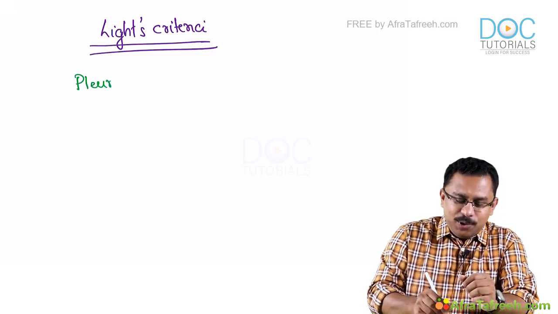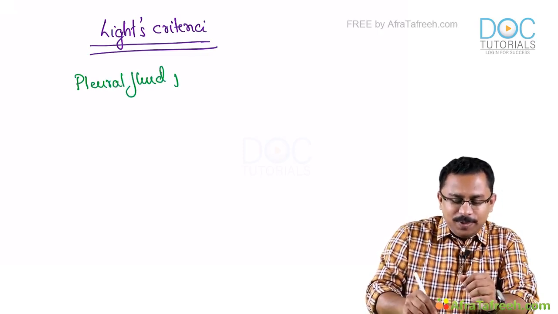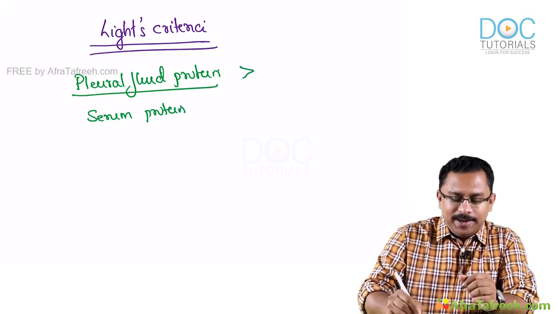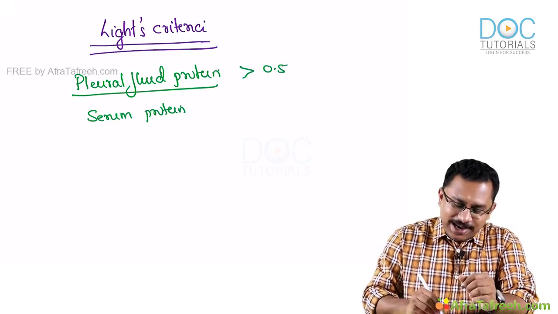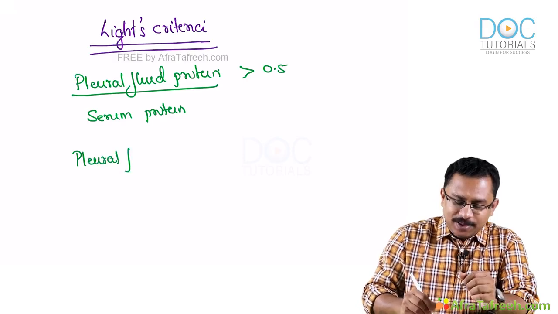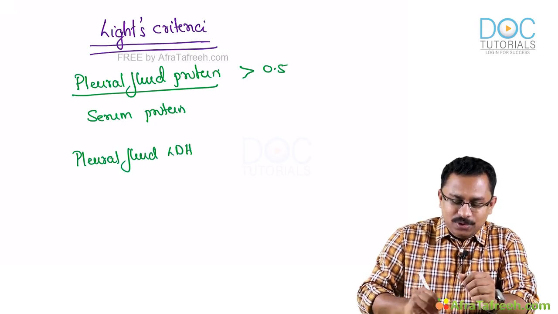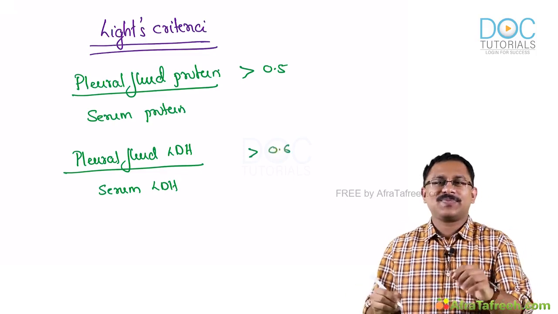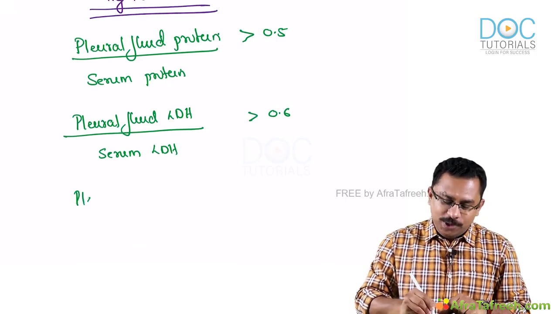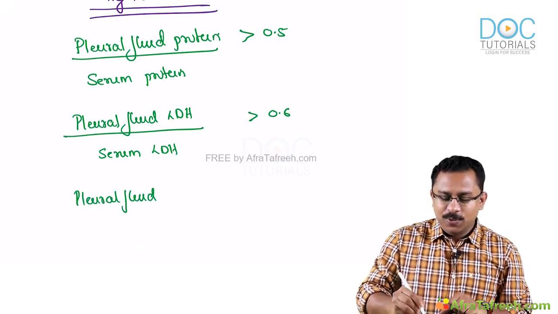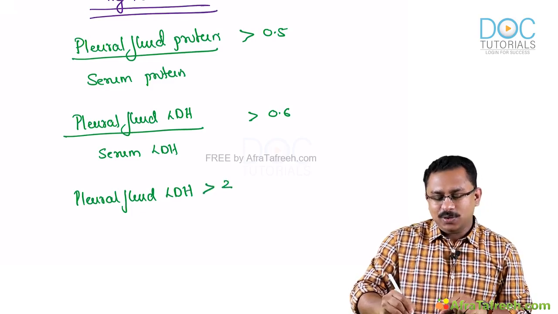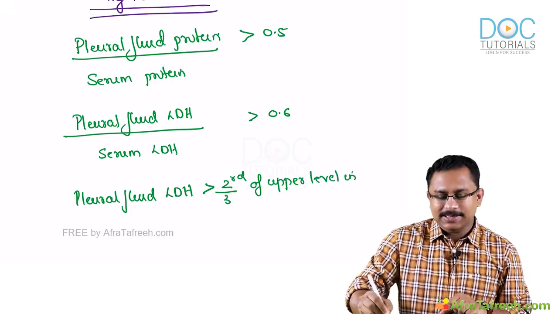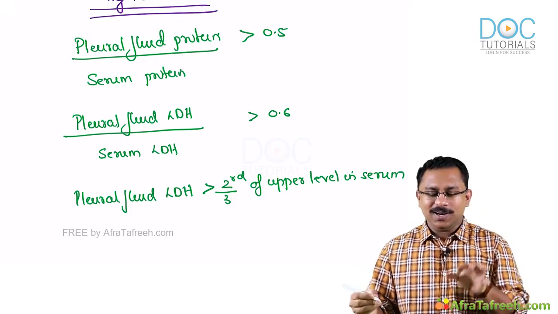The first one is pleural fluid protein to serum protein ratio more than 0.5, and pleural fluid LDH to serum LDH ratio more than 0.6, or if the pleural fluid LDH is more than 2/3 of the upper level in serum.